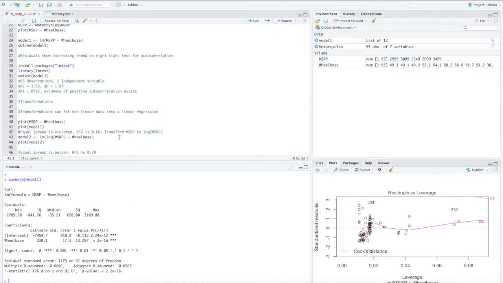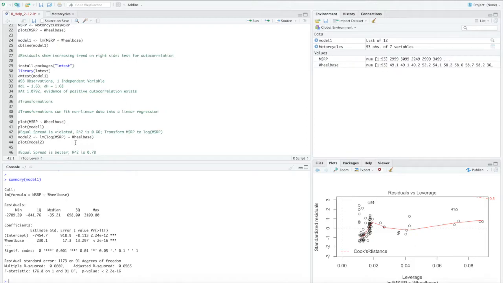So for the purposes of this session, there are a number of transformations that we can run, but I'm just going to show you one example of a transformation we can do and how that compares to our original model. In this case, what I'm going to do for Model 2 is plot the log of MSRP versus wheelbase. There isn't really any criteria for why I'm using log.